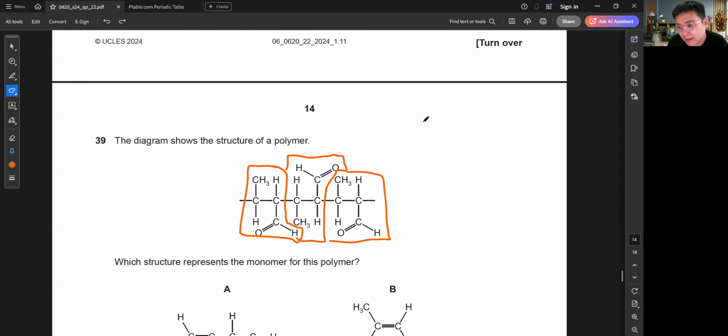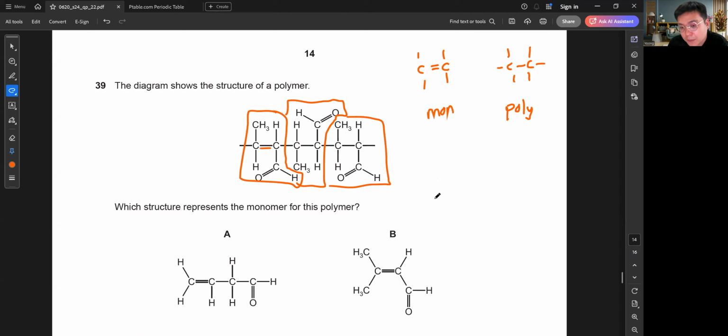For example, the basic one is like 18. At first, the monomer has a double bond. But once it turns into a polymer, the double bond opens up. Then C, C, and it joins beside the two. So here we must add one double bond in the middle here.